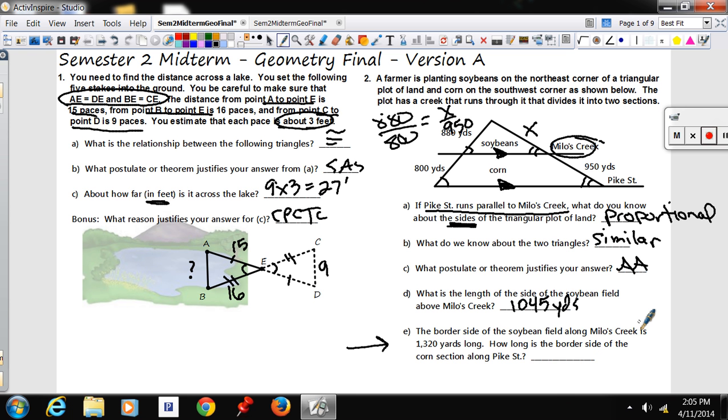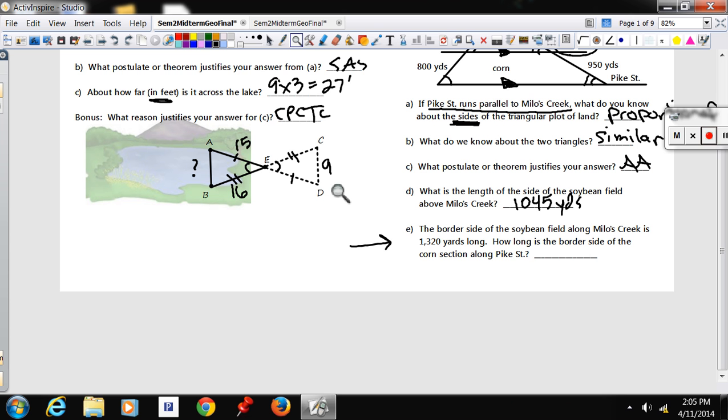And I kind of had to chuckle at E because, as I showed you earlier, this side they tell you is 1320. They give you that right there in the problem. And yet at least 80% of you gave me 1,200 down here.